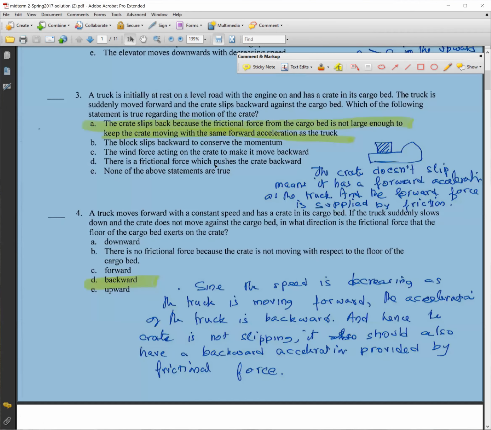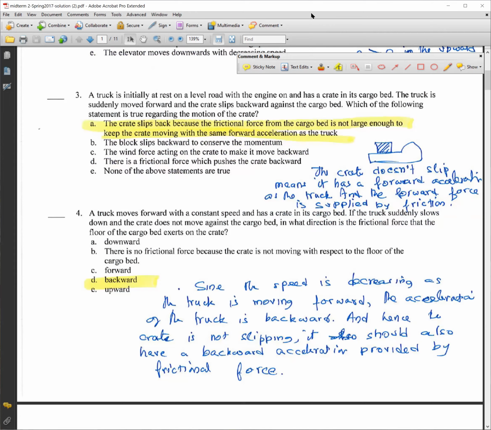One second. Let's use the pen. So let's say this is the truck, and you have the crate. Now here, initially the truck was at rest, and then suddenly it moved forward.